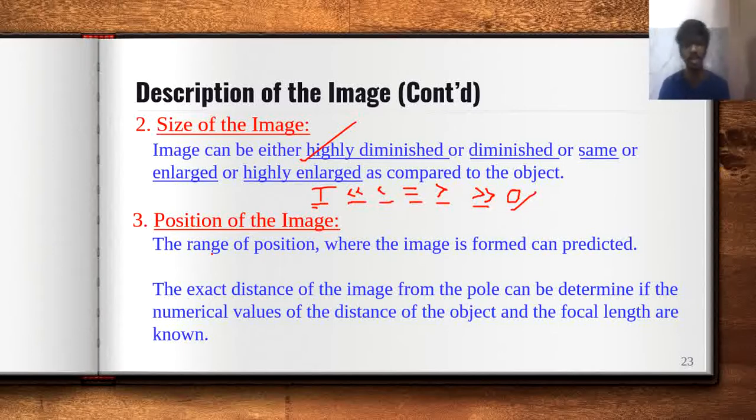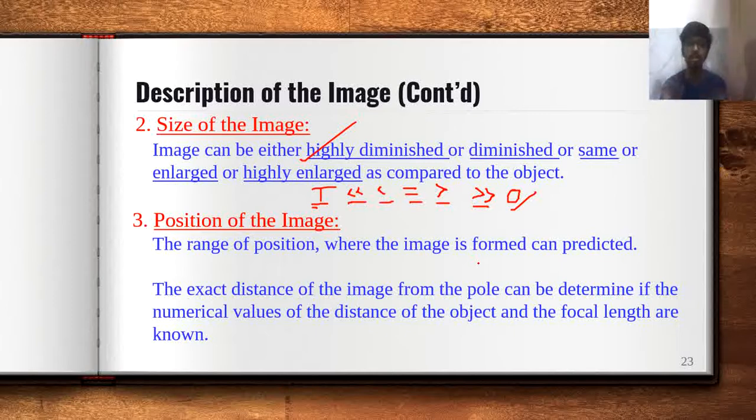And the third point, you have to find the position of the image. The range of positions where the image can be formed, in a mirror, you have the center of curvature, the focus, and the pole. So you have to define whether the image is formed far away from the center of curvature, that is at infinity, or just beyond the center of curvature, or on the center of curvature, or in between the center of curvature and the focus, or on the focus.